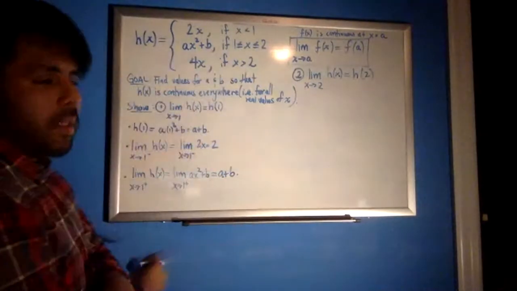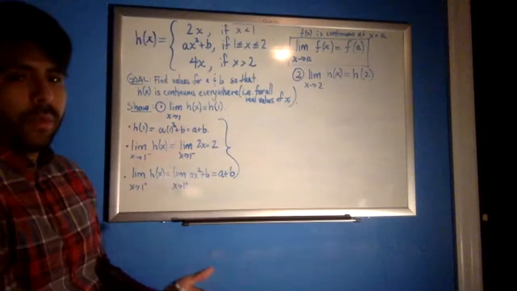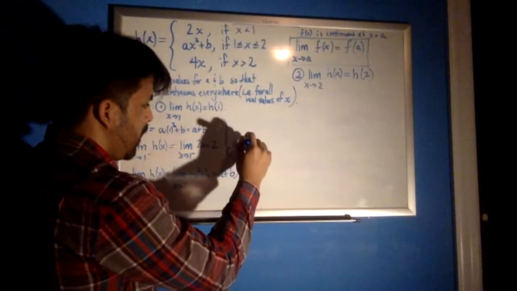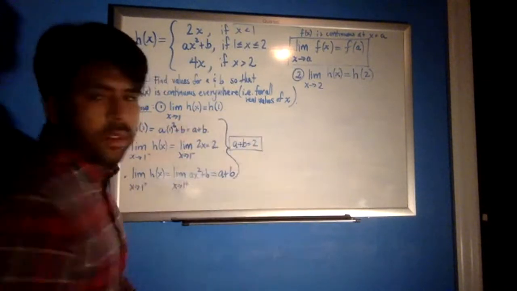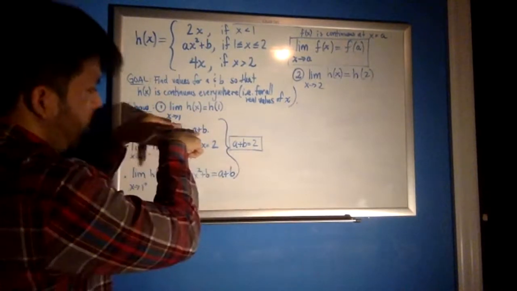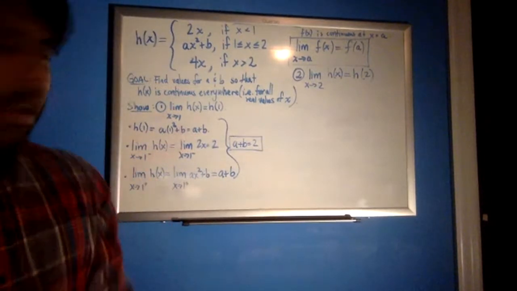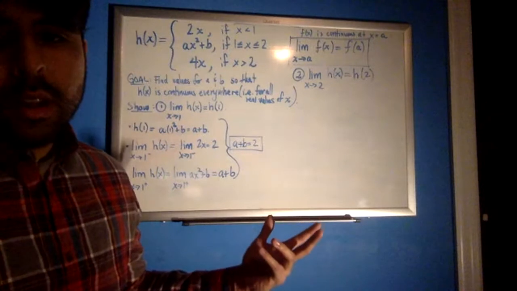That's what this statement means. So out of all of these statements, the result is that a plus b equals 2. The left-sided limit must equal the right-sided limit in order for this to equal the value of the function. So I got one equation out of this, but I have two distinct variables.